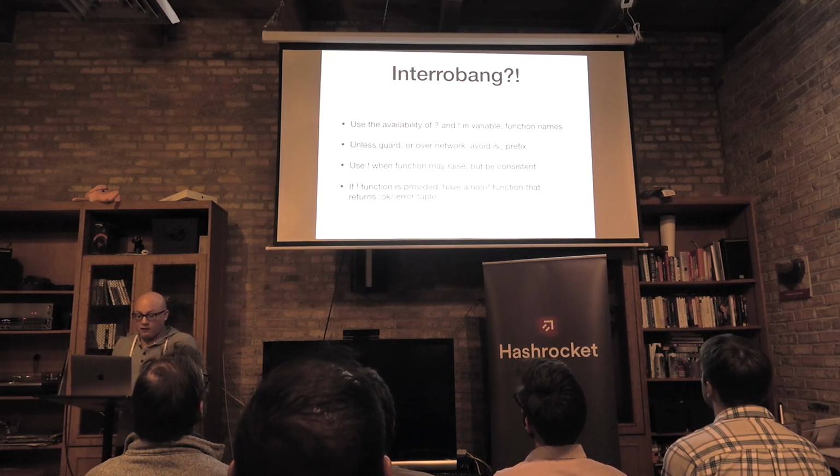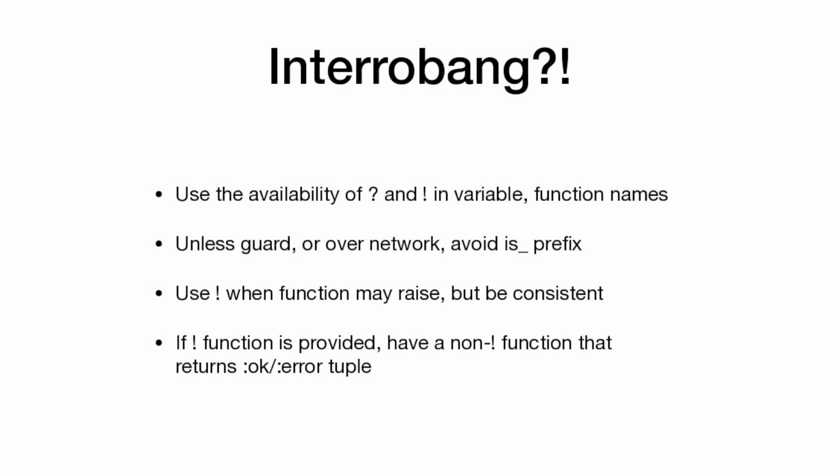Interrobang. So when you write functions in Elixir, you can actually put punctuation in them, shockingly. This is true in a lot of Lisps as well, but in Elixir, you can mark a function as returning a boolean, and you put a question mark after it to indicate that this is going to return a boolean.